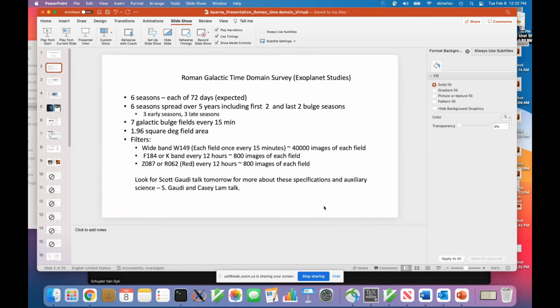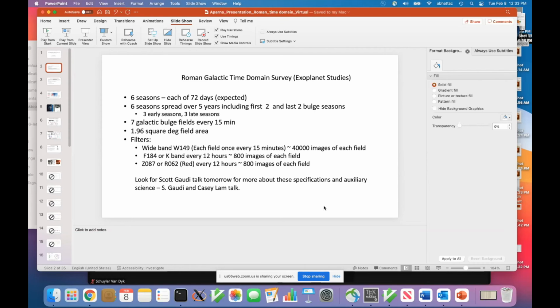Oh, I think it would be taken every 12 hours instead of every 15 minutes. But all the fields would be taken, I think, every 12 hours.